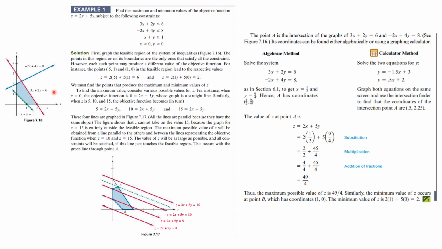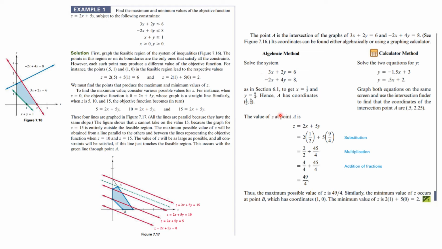Now what I can do then is I can find out what all these corner points are by taking the intersection of the lines. So for example, I can take 3x plus 2y less than or equal to 6 and minus 2x plus 4y less than or equal to 8, and I can say those two intersect at this point. And I use the techniques that we talked about before to find that point. And if I do that, taking those two, I can solve this.